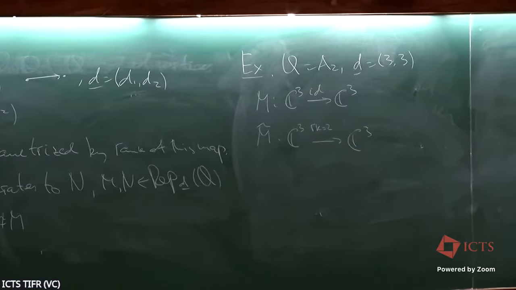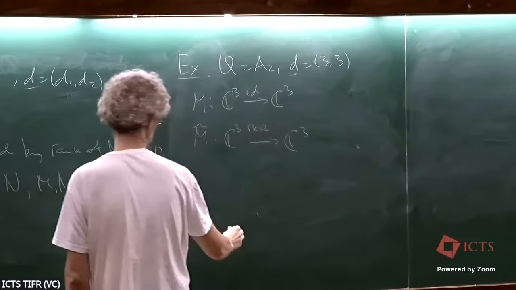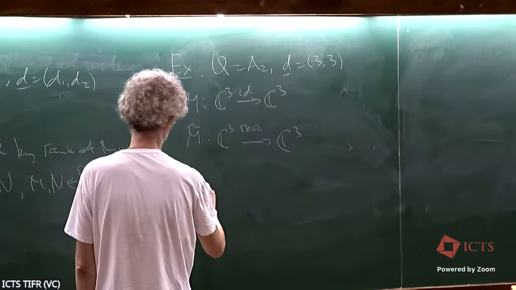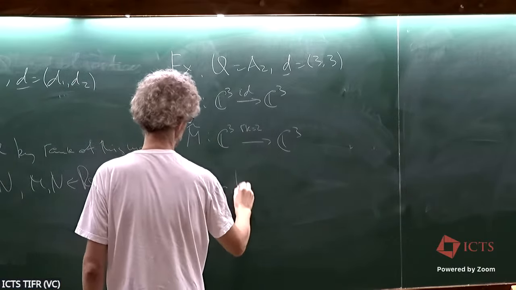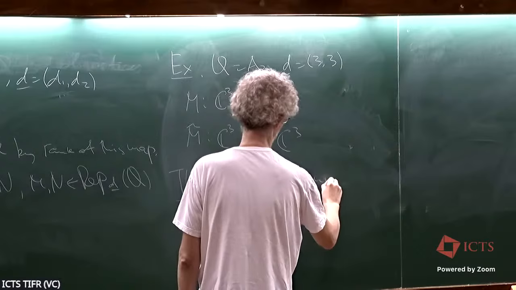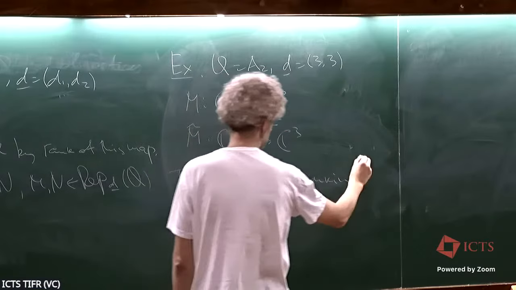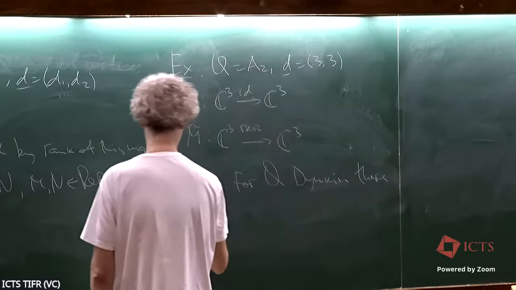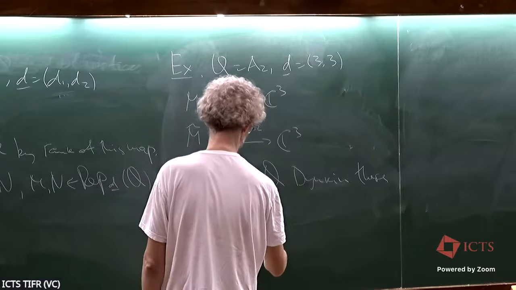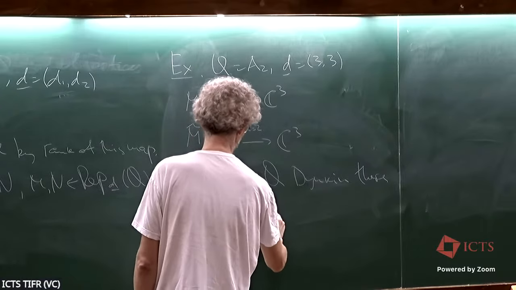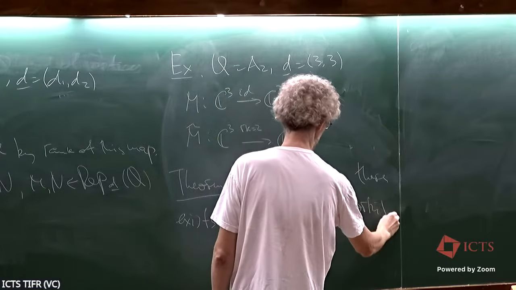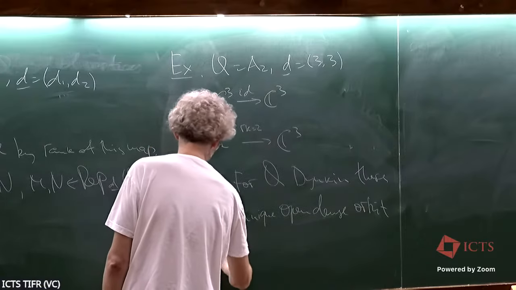Now you can ask what is the structure of this degeneration, and there is a theorem which says that for Dynkin quivers, there exists a unique maximal orbit, a unique open dense orbit, in Rep_D.